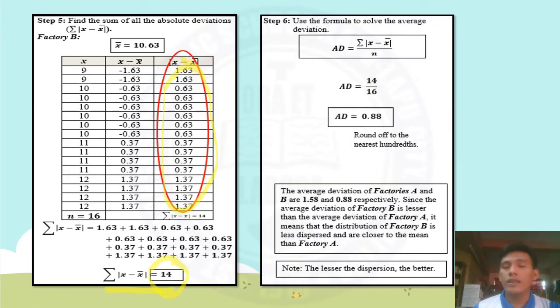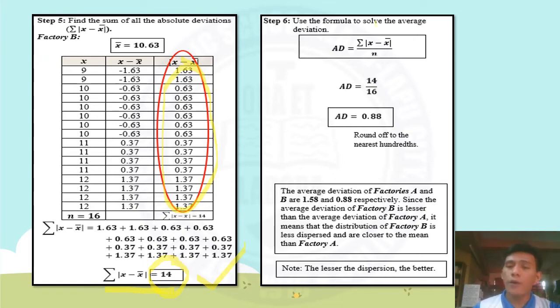Step 6, that's the time we will use the formula to solve for the average deviation, because we already have the summation of the absolute value of x minus the mean and the value of n.